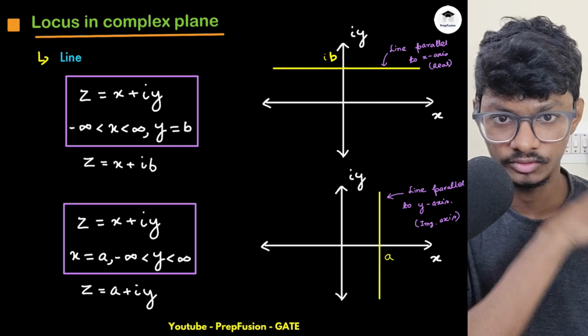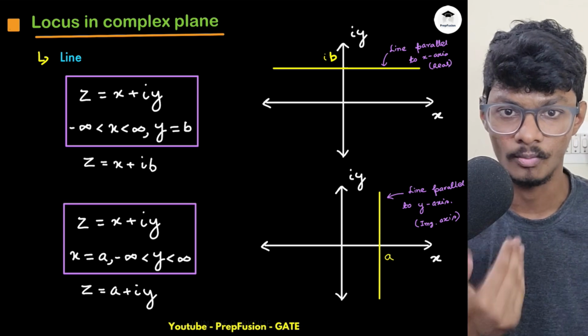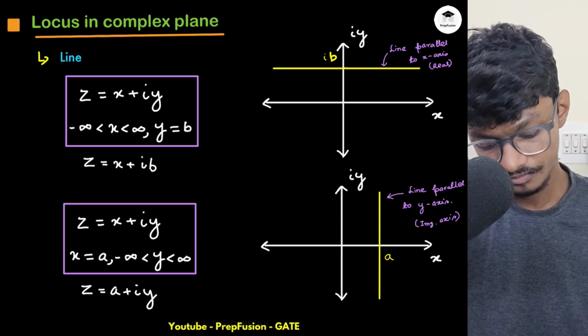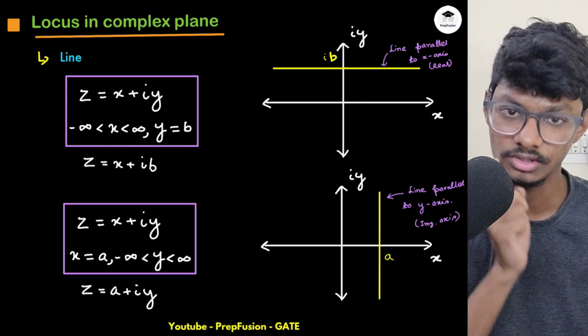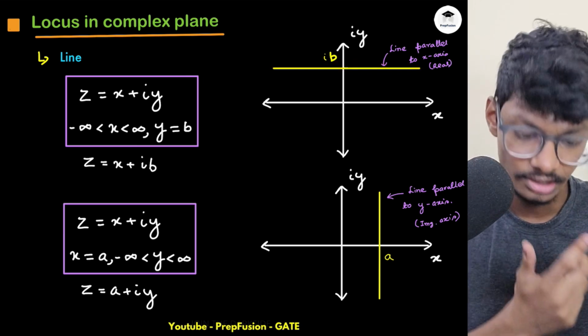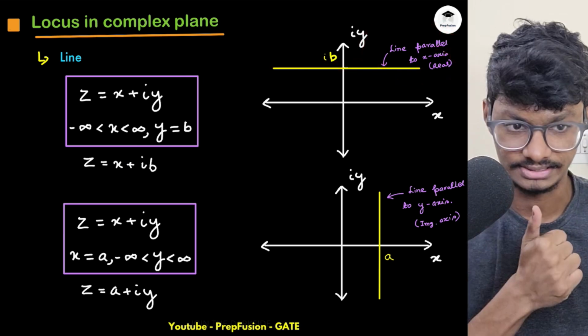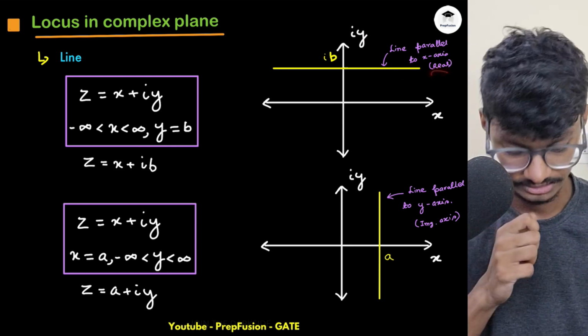That we won't go into in the polar format. We will just understand in the rectangular format itself. So here my x is always varying, but my distance from the x axis is constant. Okay, but x can go from minus infinity to plus infinity. So we will get a line which will be parallel to x axis. Okay, or you can say the real axis.